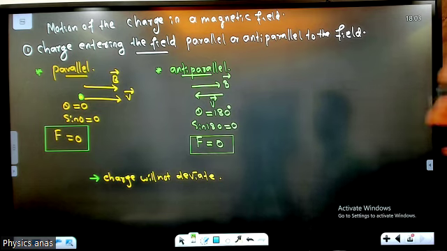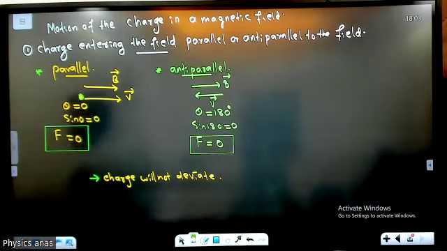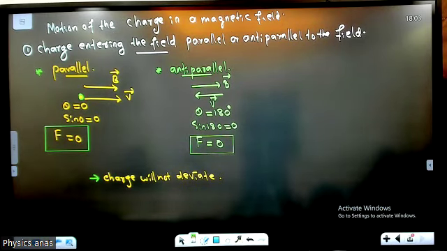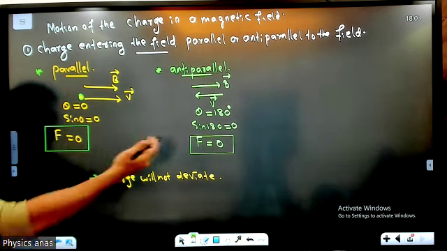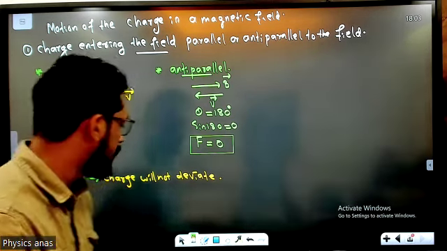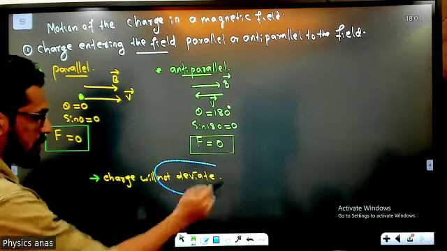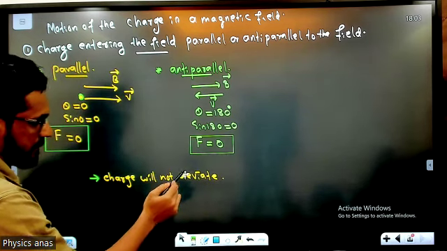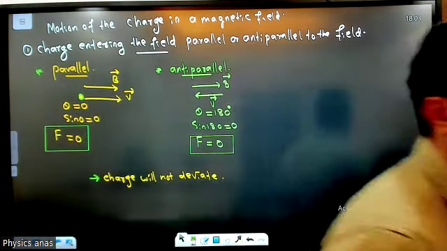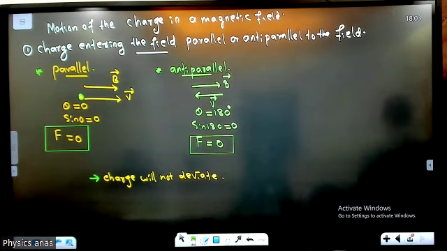The magnetic force on the charge is 0, so the charge will not deviate. You can write it as it is, no problem.